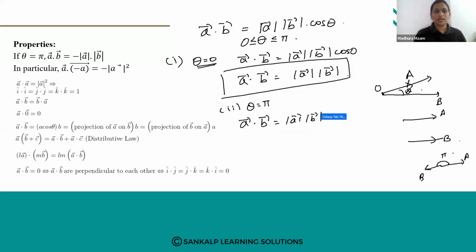But what is cos pi? Minus 1. So minus 1 into this becomes minus. So what happened here? Only the magnitudes remained, but a minus came. We have seen negative vector in types of vectors. Minus means opposite in direction. Correct. So if theta is 180 degrees or pi, it is simply minus of magnitude of A into magnitude of B. That means A and B are opposite in direction.